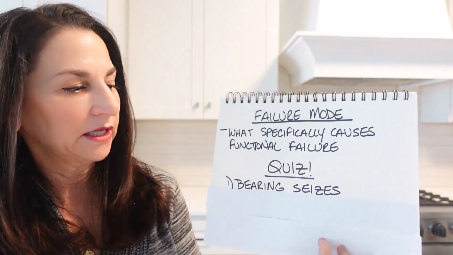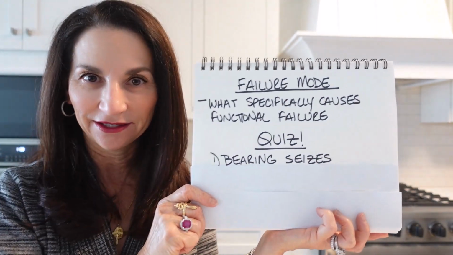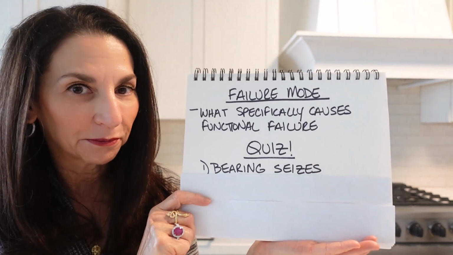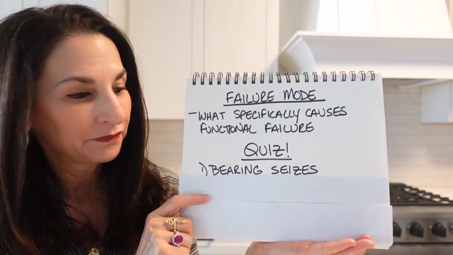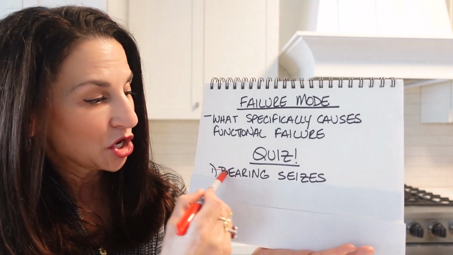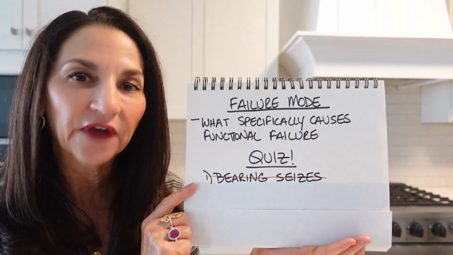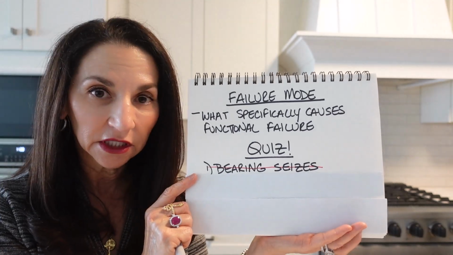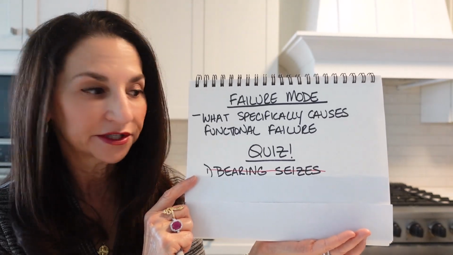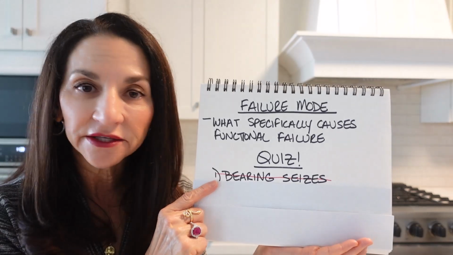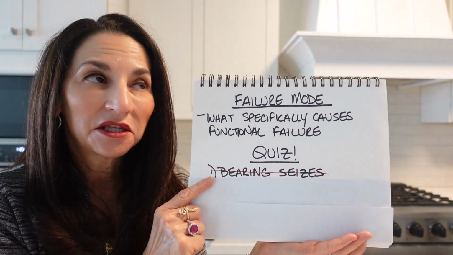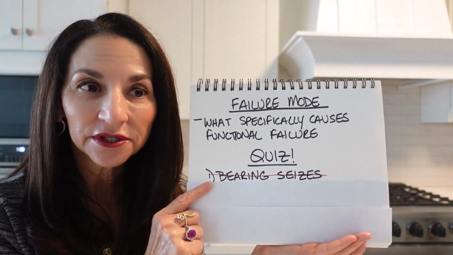The first one is: bearing seizes. Is this a properly written failure mode? Now, I would say no. Bearing seizes is a failure effect. A good facilitator would ask the working group, well, what specifically causes the bearing to seize? Does the bearing just wear due to normal use?